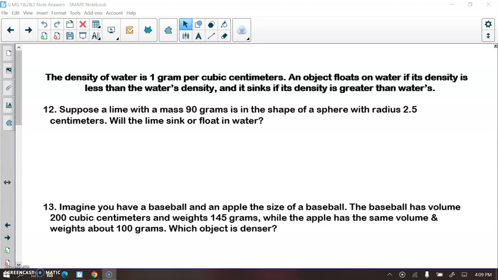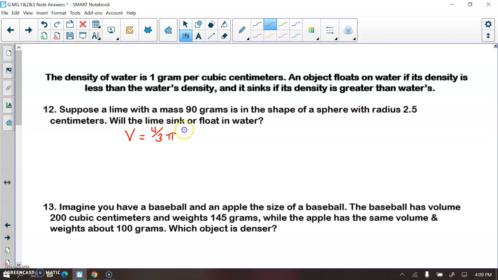So we're going to need to find the volume of this sphere. The volume is 4/3 pi r cubed, so pi times 2.5 cubed.